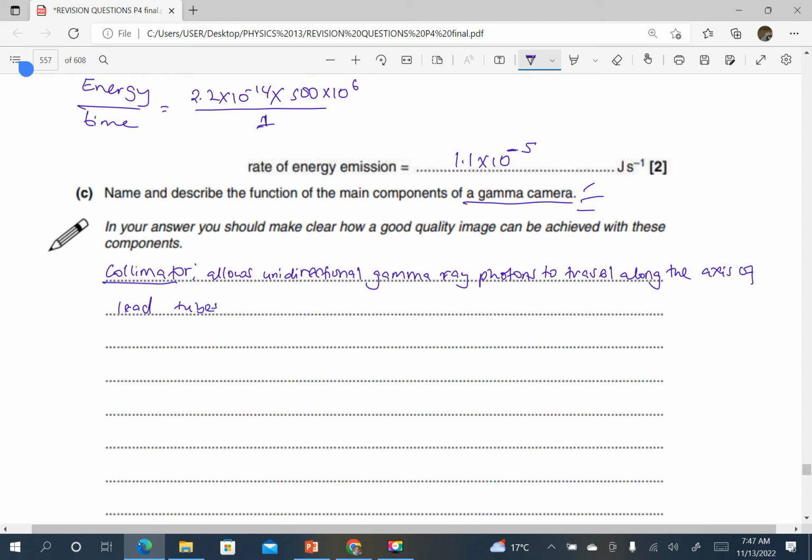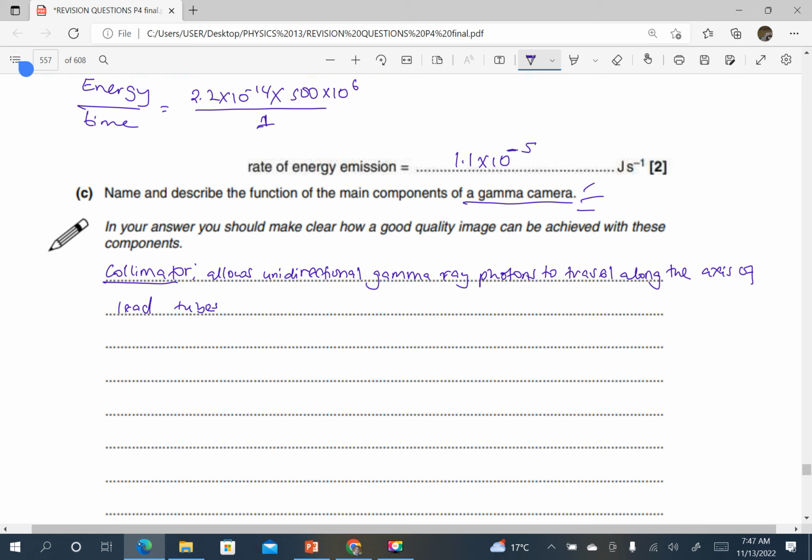So that's the purpose of the collimator. It is just going to allow the unidirectional gamma ray photons to travel along the axis of the tube. Those which are not in one direction are not allowed.